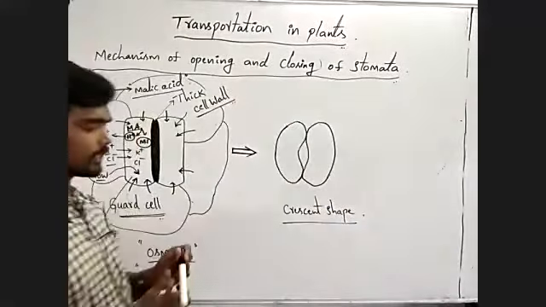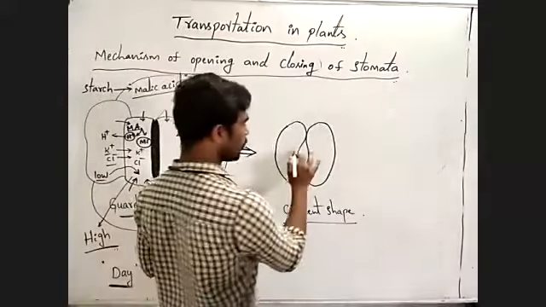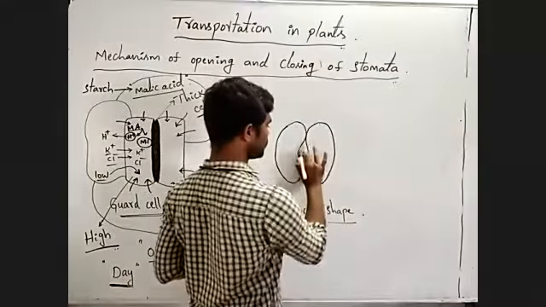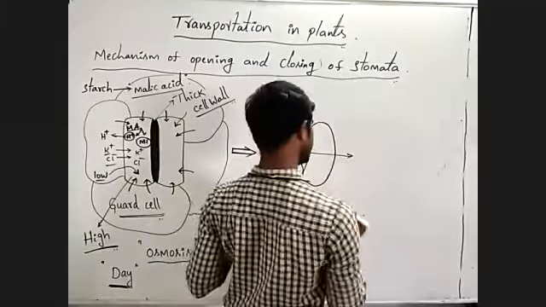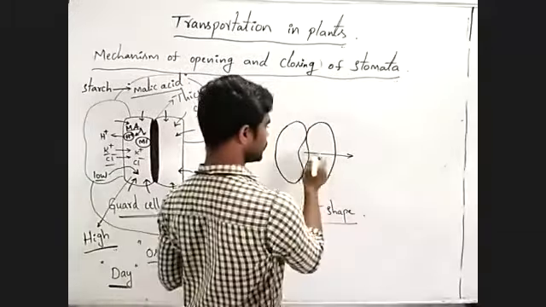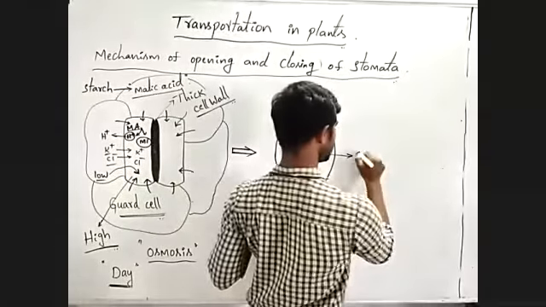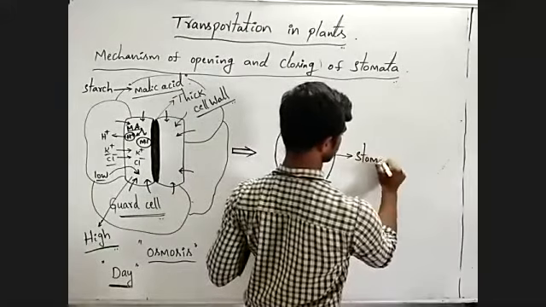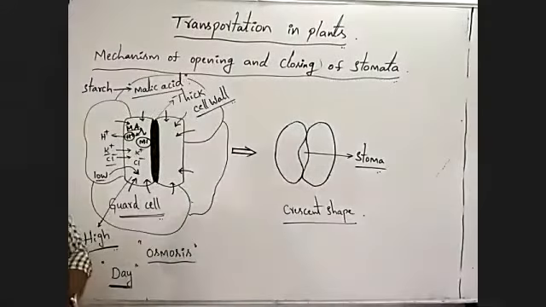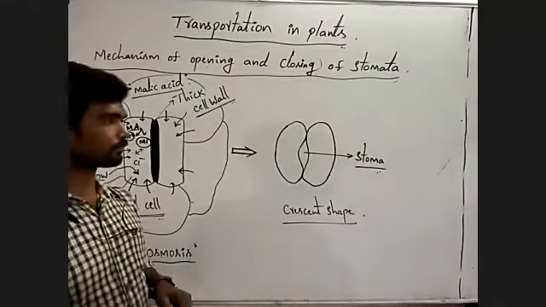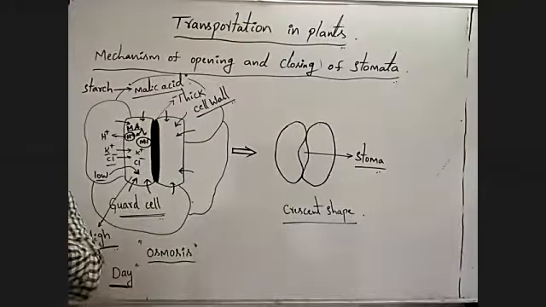Because of this crescent shape, a small hole is formed between the two guard cells. This is the stomata, or stoma. Observe carefully.